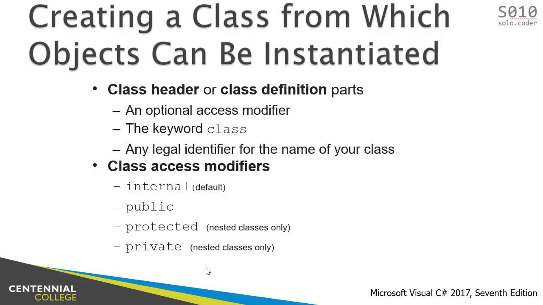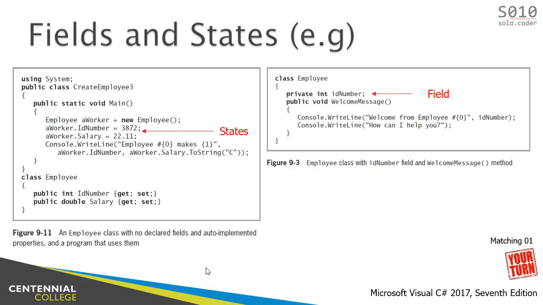For high-level classes, we just have two modifiers, internal and public. Let me get back here for a second. Look at this, we have the class employee here as well, but there's no modifier. Where's the public?